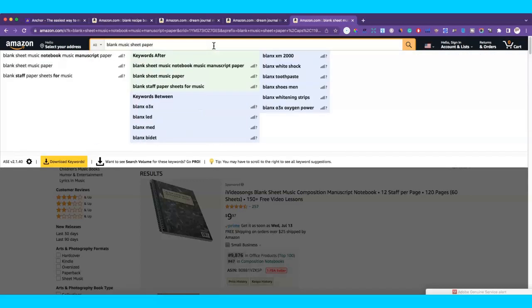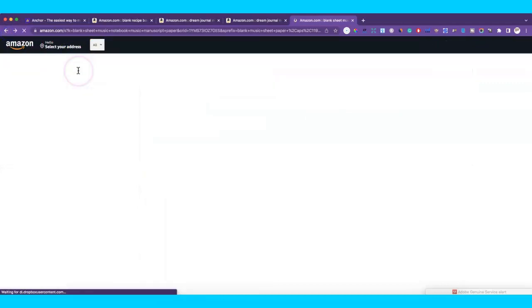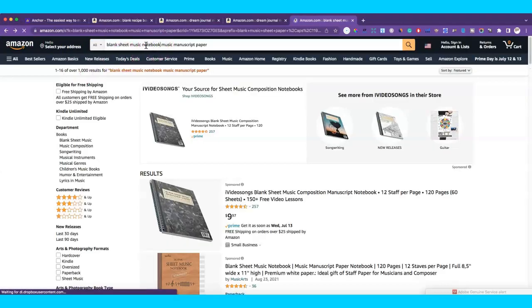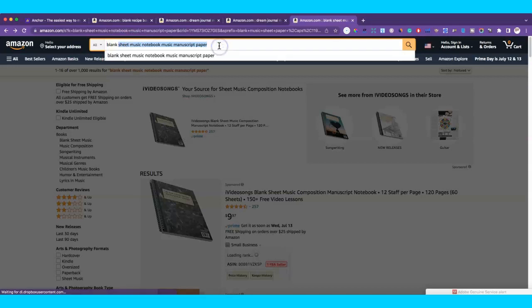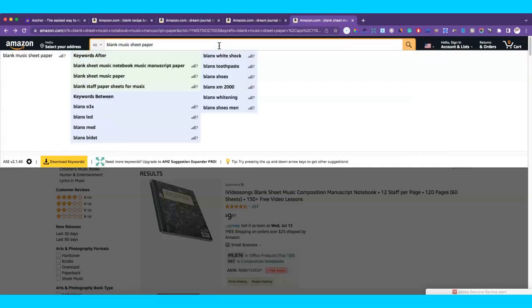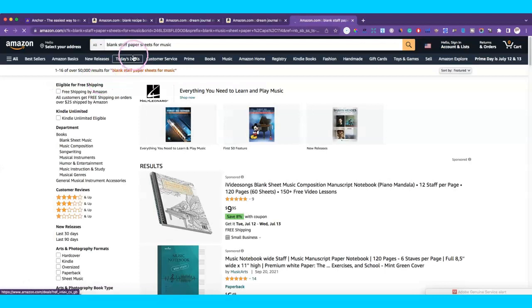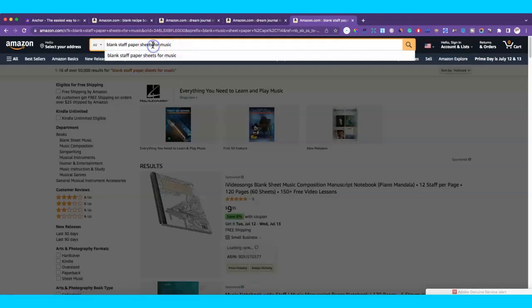Okay, that's why. Manuscript. Did I just look at that one? I think I just looked at that one. Yeah, I did. Blank music sheet paper, blank staff paper sheets for music. That doesn't make sense. Wow, I'm surprised at that many results. Blank sheet music.